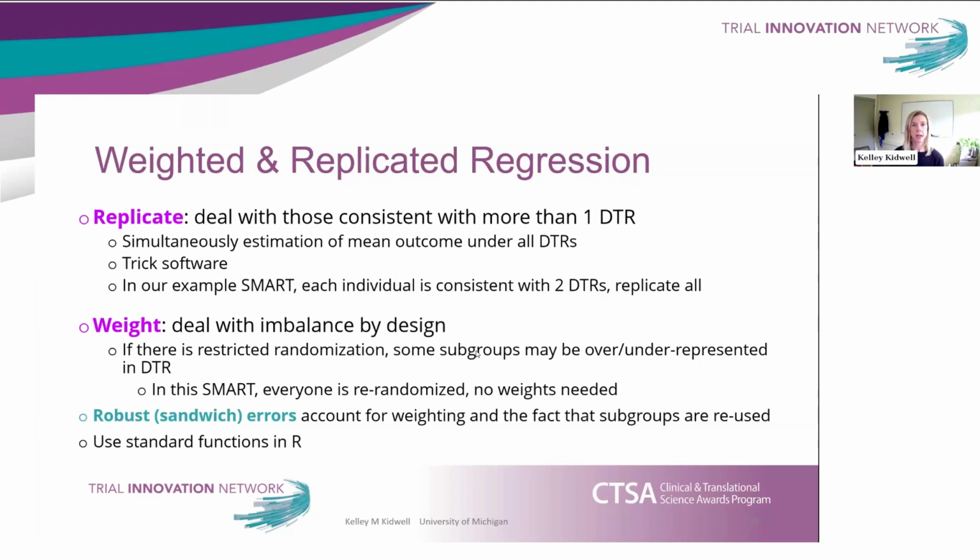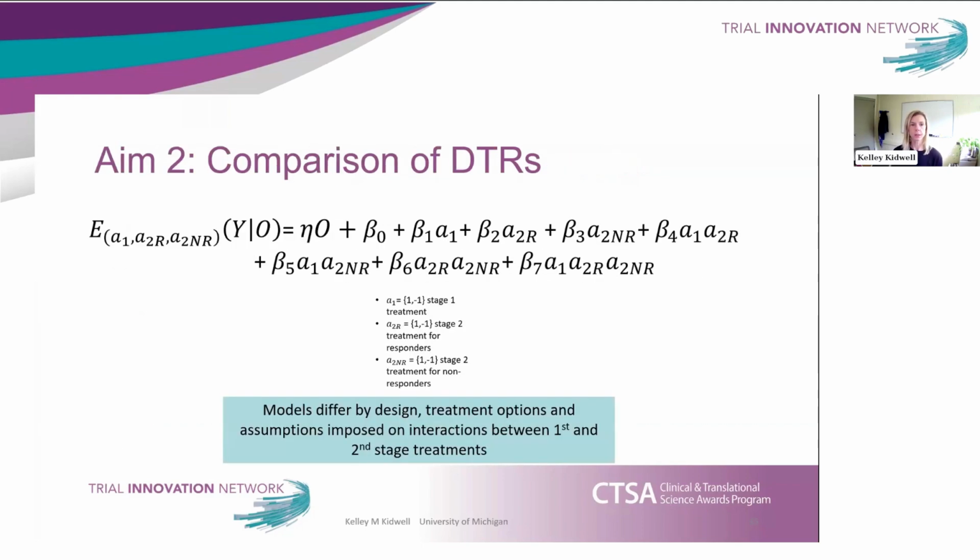We could also weight the data by the empirical proportions for a bit more efficiency, and to account for any sample-to-sample difference in weights. And because these people aren't extra people, we'll use the robust or sandwich errors on the generalized estimating equation for the correct standard errors on our effects. But this can all be done using standard functions in R.